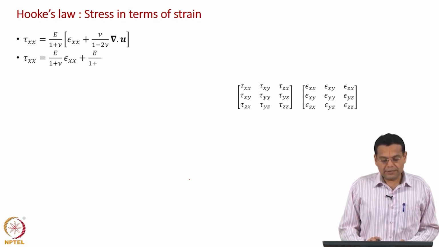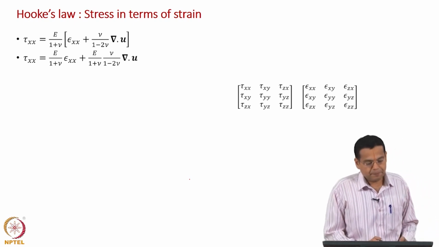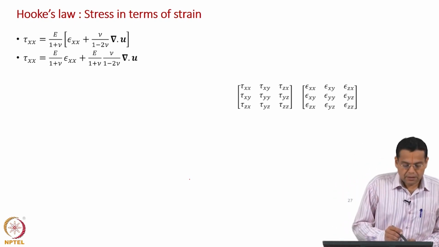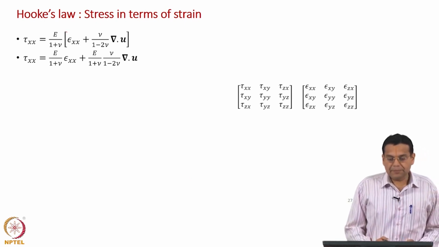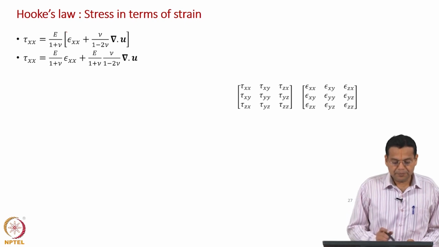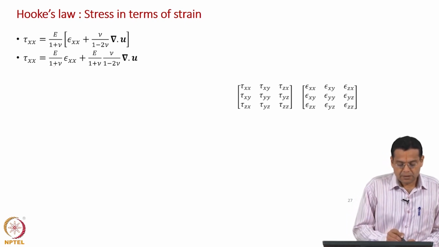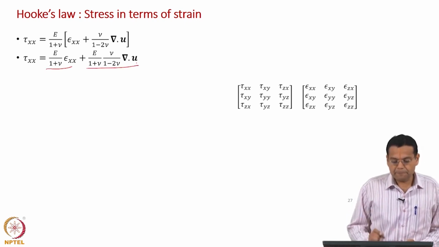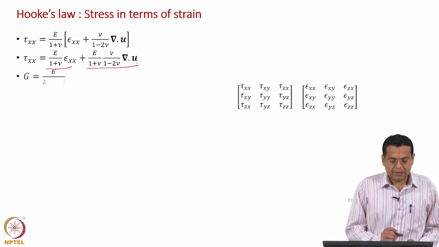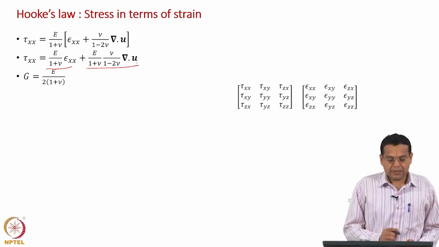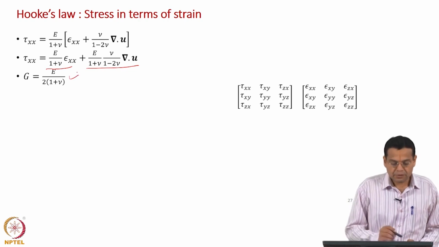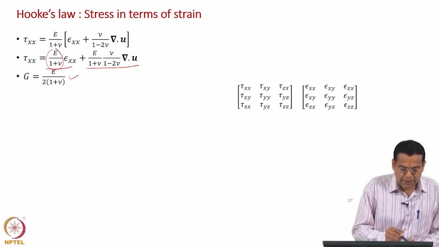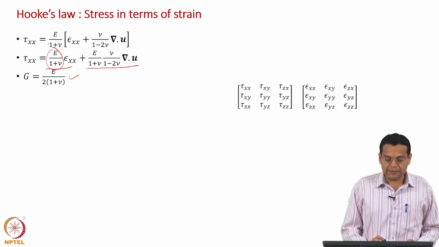What we will do now is some more rearrangement. We multiply both the terms with E by 1 plus nu, and then, using the relationship between G, E and nu, which I have derived already, express E by 1 plus nu as 2G.